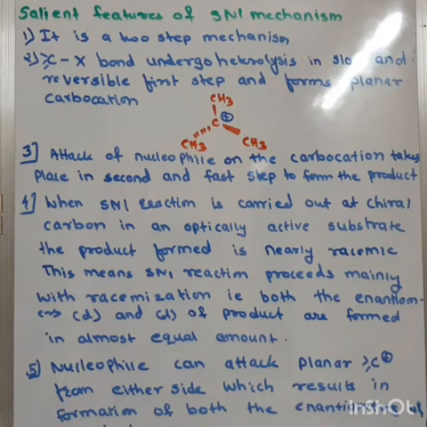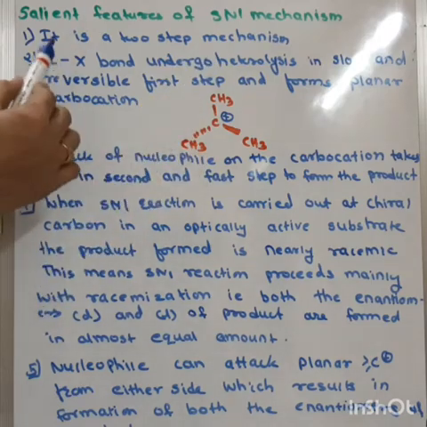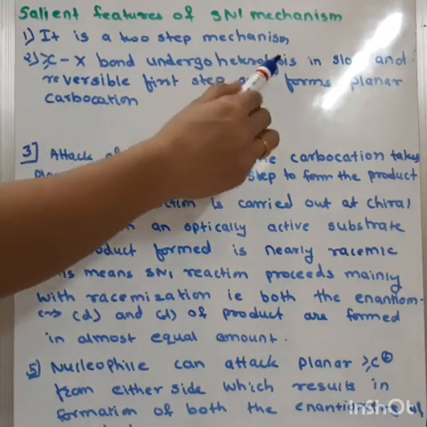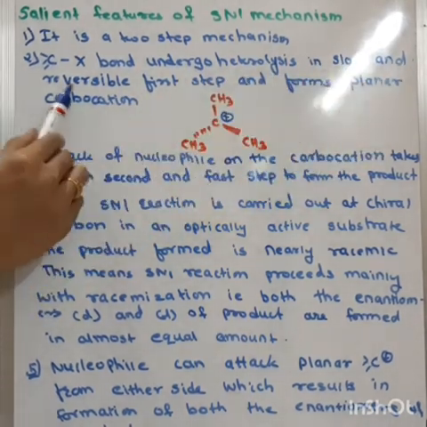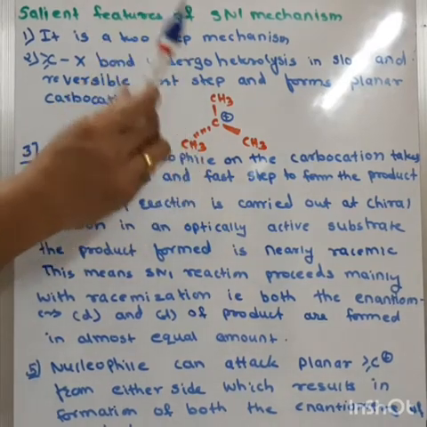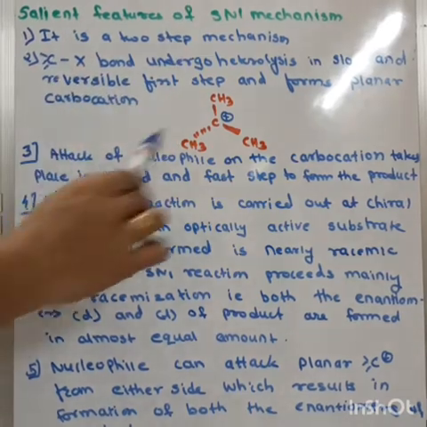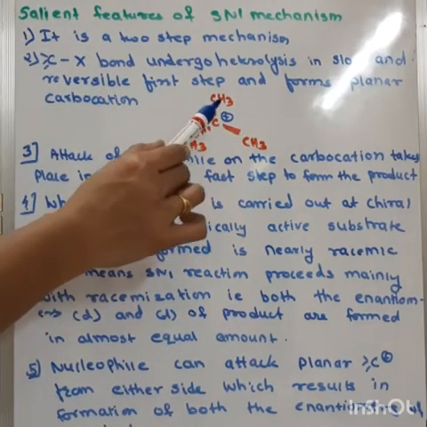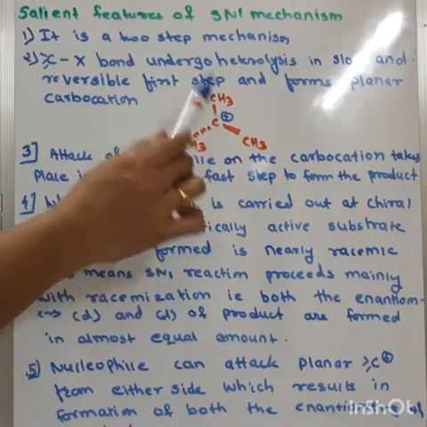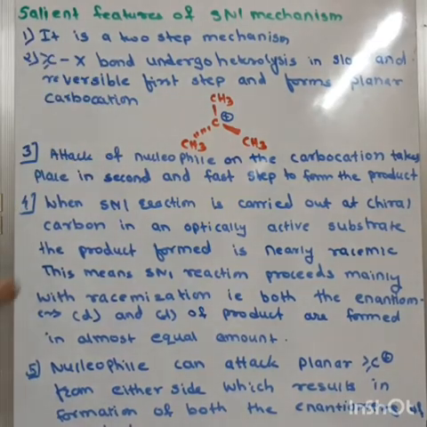Salient features of the SN1 mechanism. First, it is a two-step mechanism. Second, the C-X bond undergoes heterolysis in the slow and reversible first step and forms a planar carbocation like this. This is the planar carbocation formed as an intermediate in the SN1 mechanism.